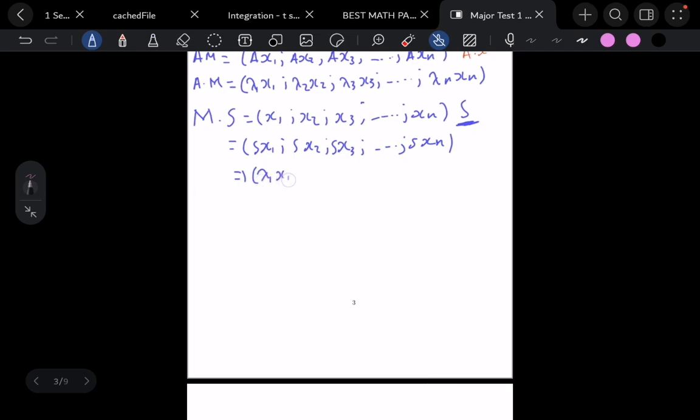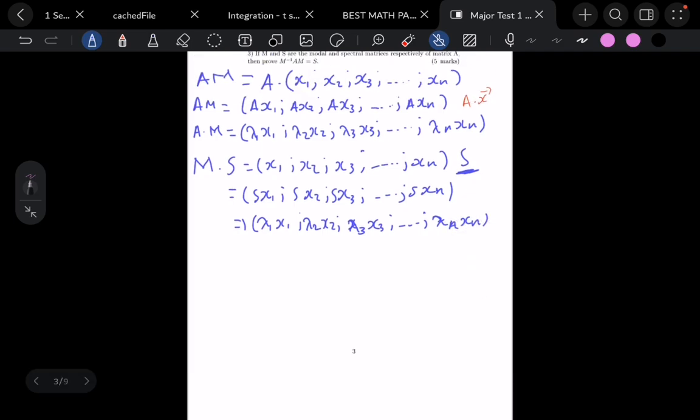Lambda 1 x1, because S is the eigenvalue, lambda 2 x2, lambda 3 x3, lambda 4 x4, lambda n xn. In this case, you can see that both of them are true.